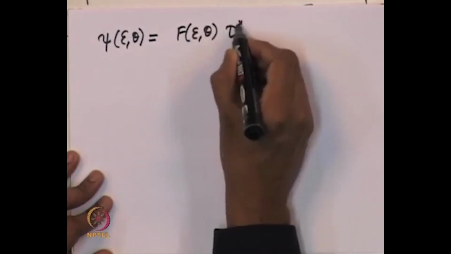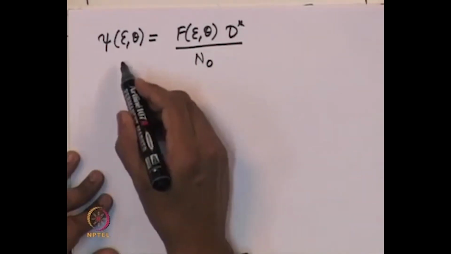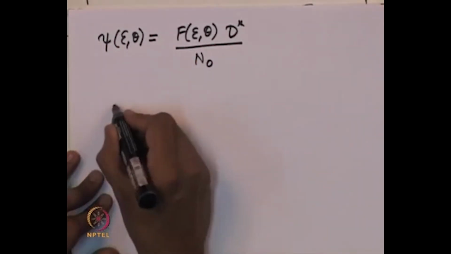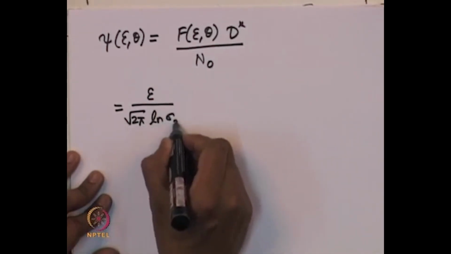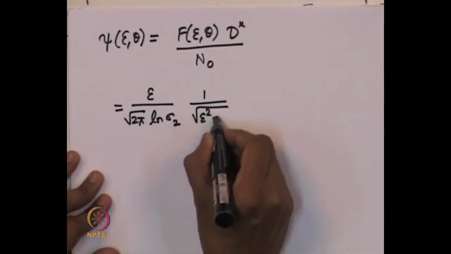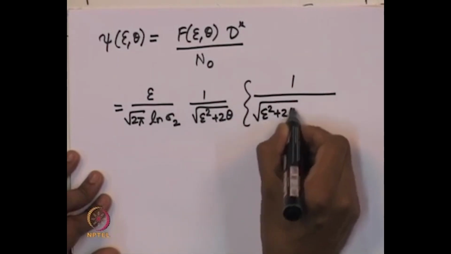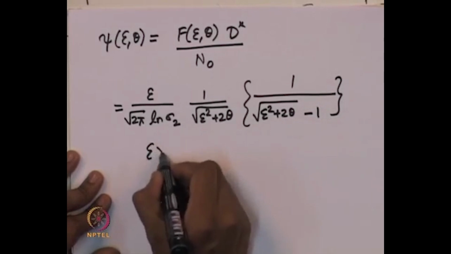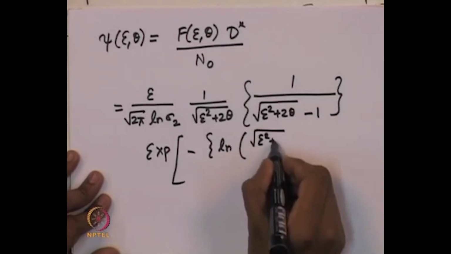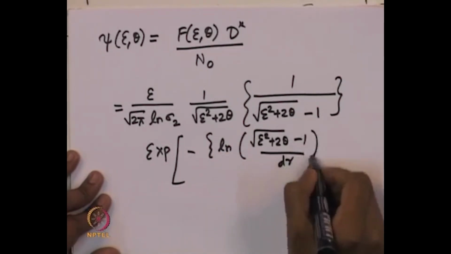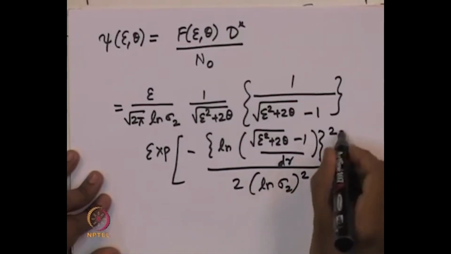We can now use the initial distribution in order to find the expression for psi as a function of epsilon and theta, and that would be equal to epsilon divided by square root of 2 pi into ln sigma 2 into 1 by square root of epsilon square plus 2 theta into 1 by square root of epsilon square plus 2 theta minus 1 multiplied by exponential of minus ln of square root of epsilon square plus 2 theta minus 1 by dr, and square of that divided by 2 into ln sigma 2, to the power of square of that.